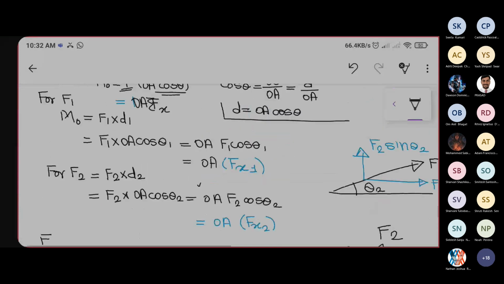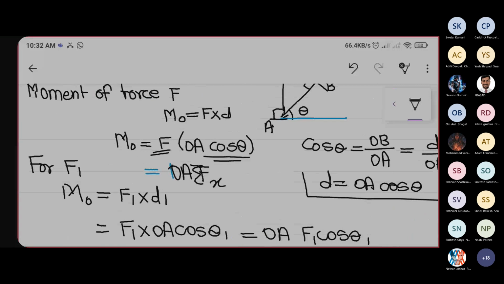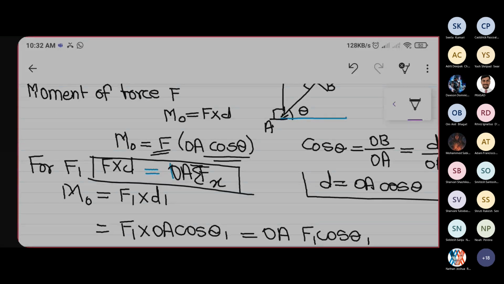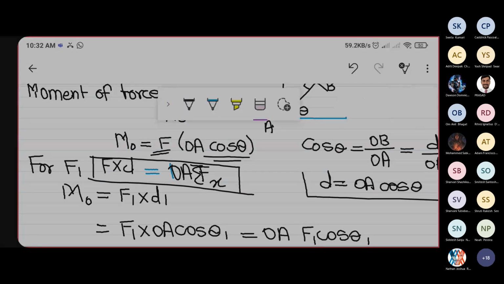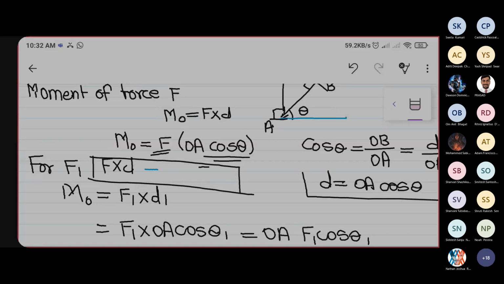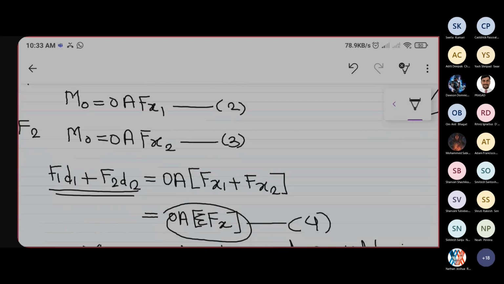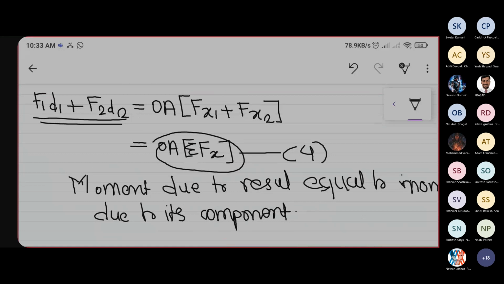Okay, and if you go here also, what is MO? F into D. Okay, so F into D is equal to OA summation of Fx. So if you see both sides, OA summation Fx and OA summation Fx are the same.